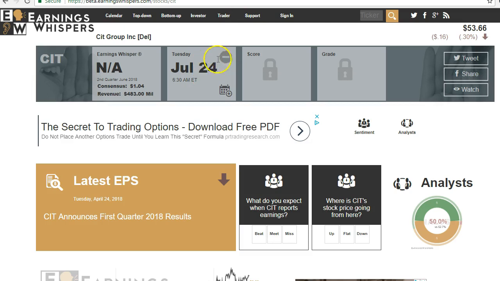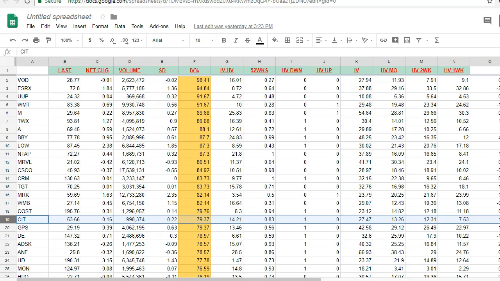So it's not known. If it's known, you should see a check mark here. So you want to go online and do a little research to find out the exact date. But at any rate, everything else looks good. So this is tradable if the earnings are not too close.